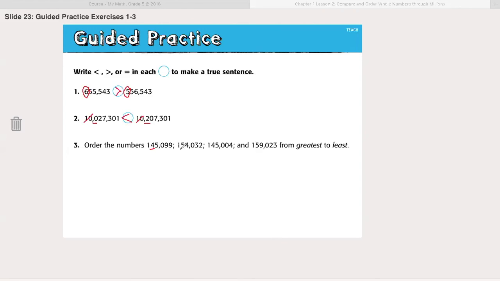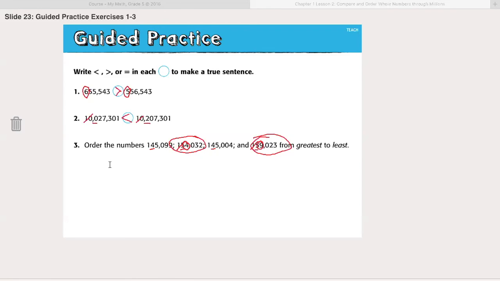I have a 4, a 5, a 4, a 5. So let's take these two numbers first, as they have the largest numbers. Since they both start with 1 and 5, I'm going to ignore the first two digits now and focus on the next one, the one that makes them different. This one starts with a 4 in the thousands place. This one has a 9 in the thousands place. So this one is clearly bigger.